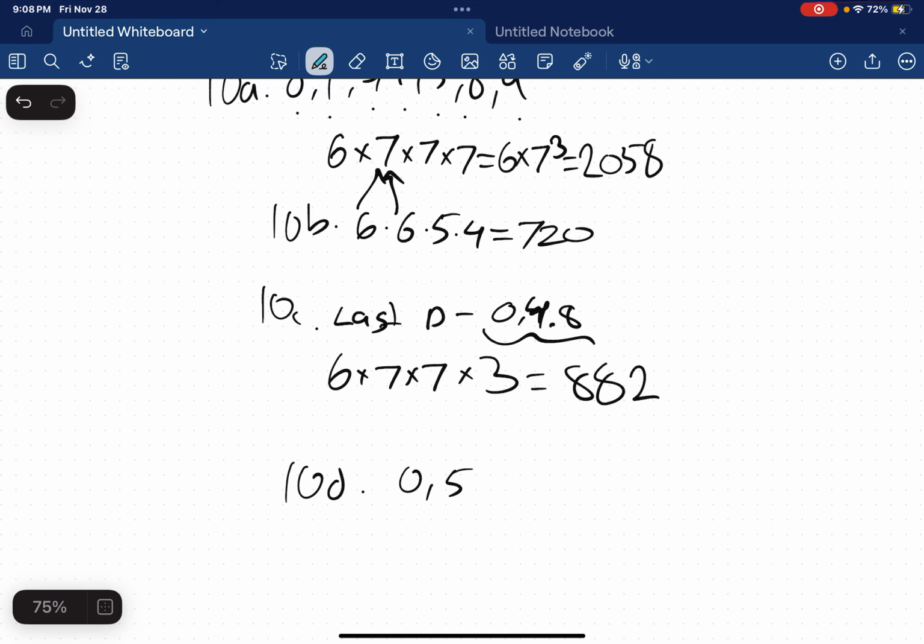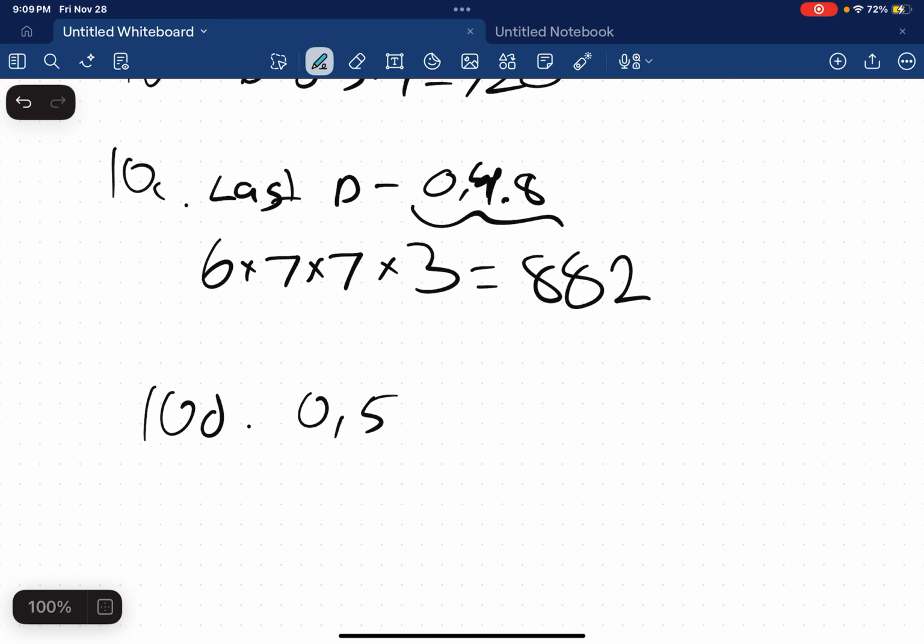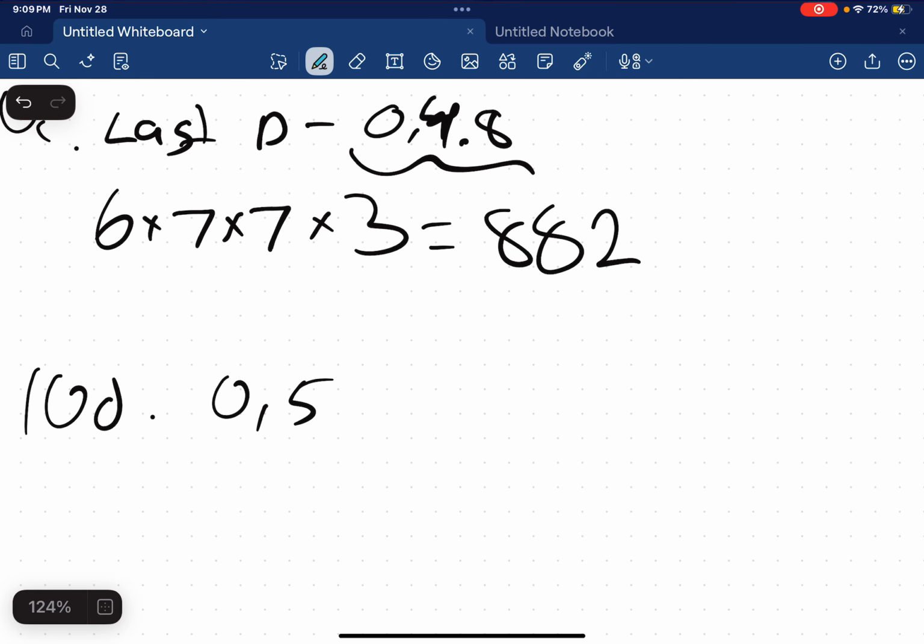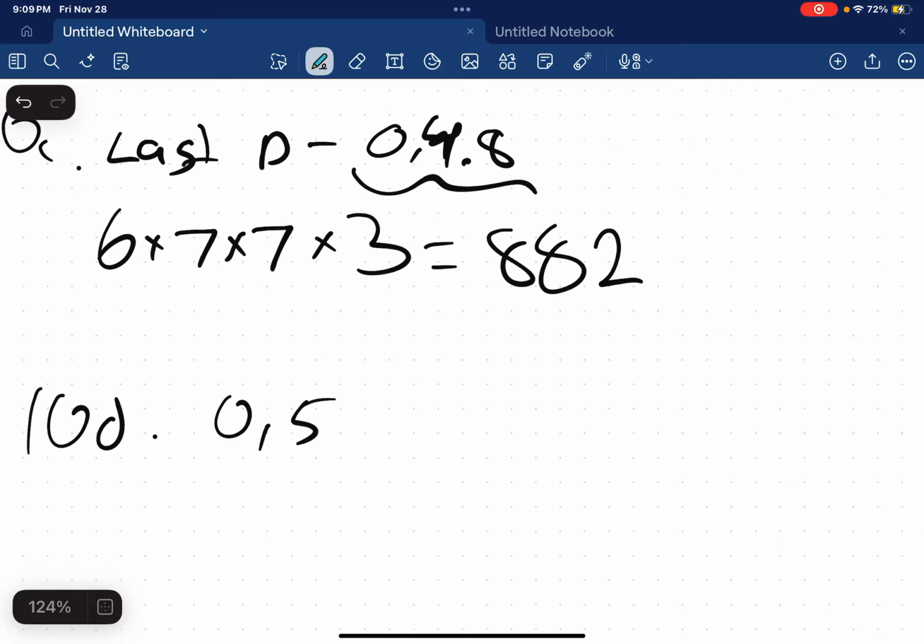I'm not making a mistake. How many of these even numbers are divisible by 5? Shoot, wait. Oh, okay, that's where I was making the mistake from.